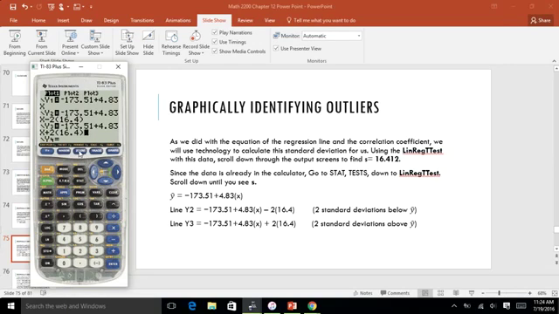Then I'm going to go to zoom and do 9 again, and look what it did. Here's my line of best fit. Here's the line that is 2 standard deviations below it, and here's the one above it. Look at this value right here. That is falling outside that range, so I could predict that it is an outlier.